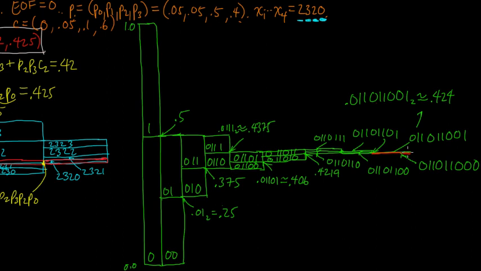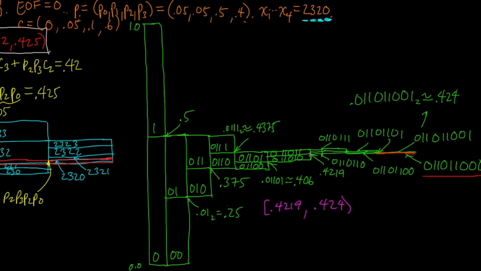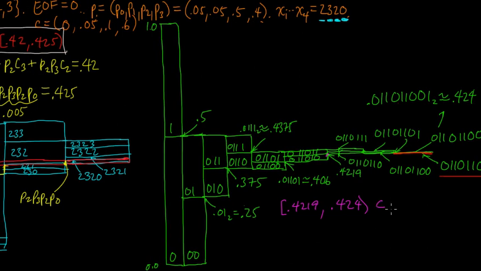So the bottom part of that last chunk has label 011011000, and its chunk is completely contained in here, because it's the interval from 0.4219 up to 0.424, which is contained in the interval from A to B, 0.42 up to 0.425. So we have a winner.